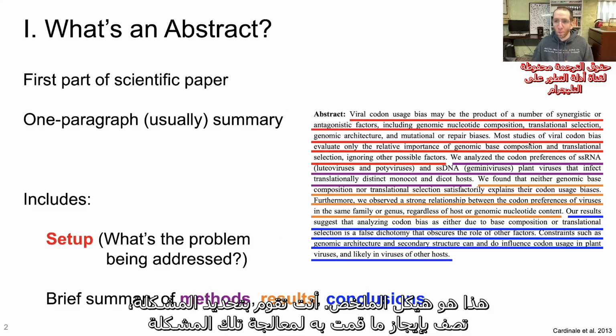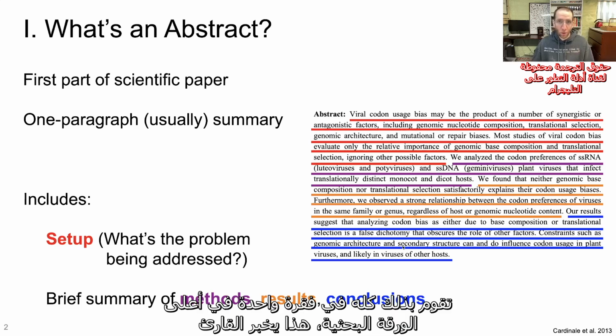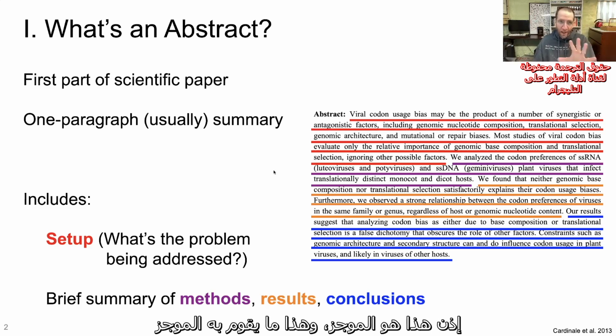You set up a problem, you very briefly describe what you did to address that problem, the direct results, and then the broader conclusions. You do this all in a single paragraph right at the top of your paper. This tells the reader what they're going to read about if they decide to read your whole paper. So that's what an abstract is and what an abstract does.